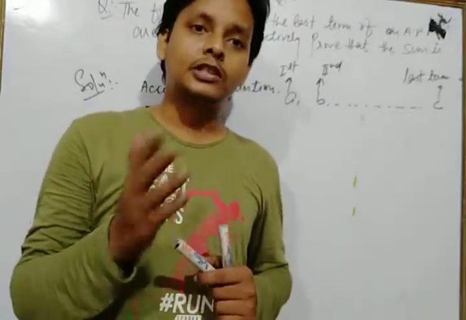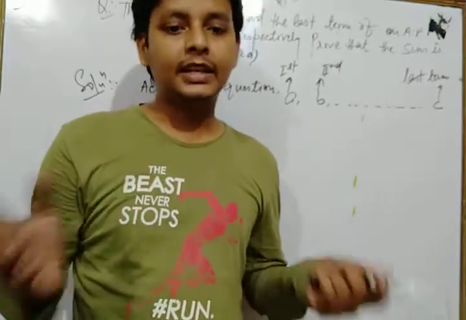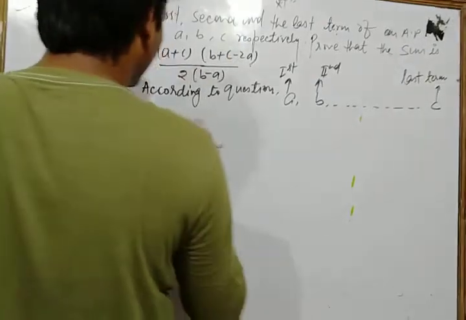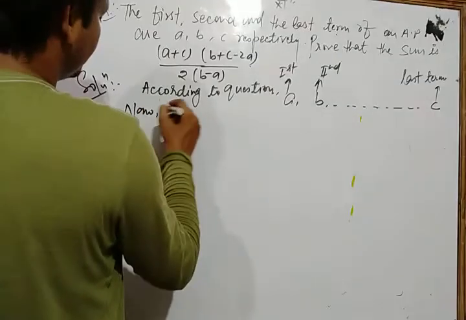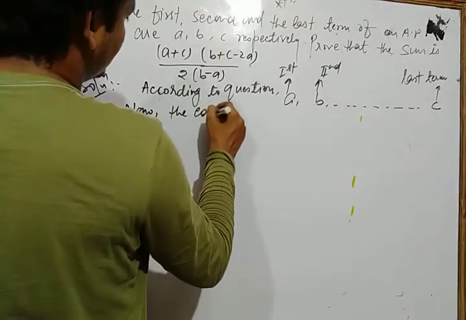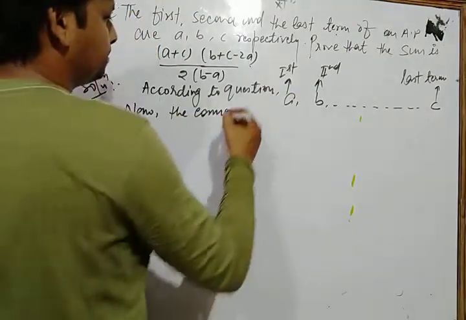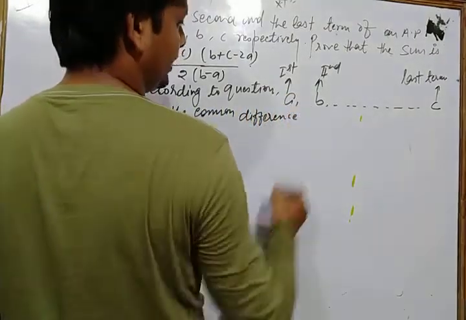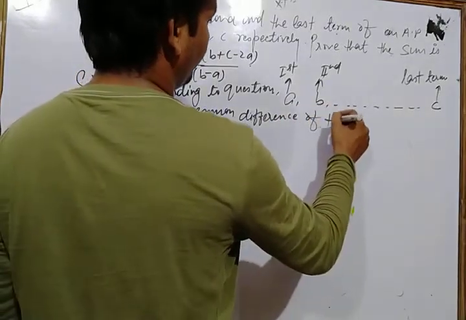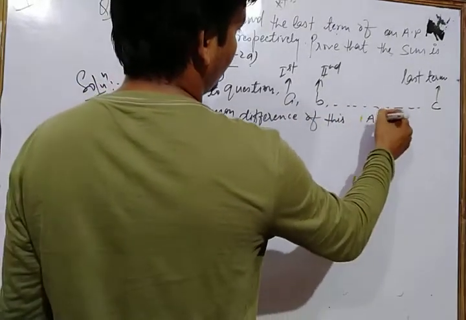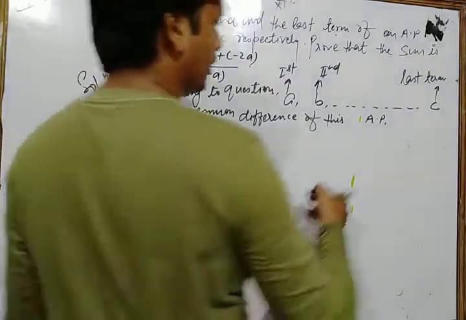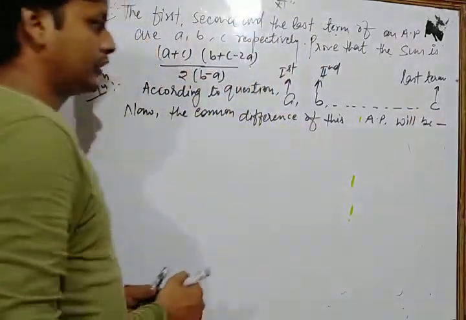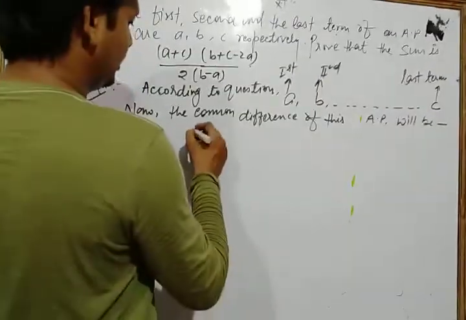The difference between a term and its previous term is known as their common difference. Now the common difference of this AP will be what?